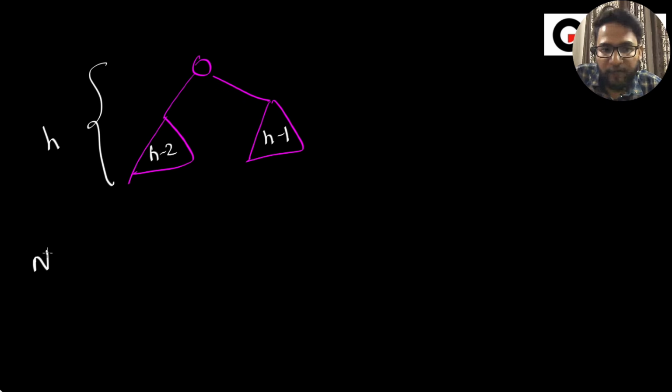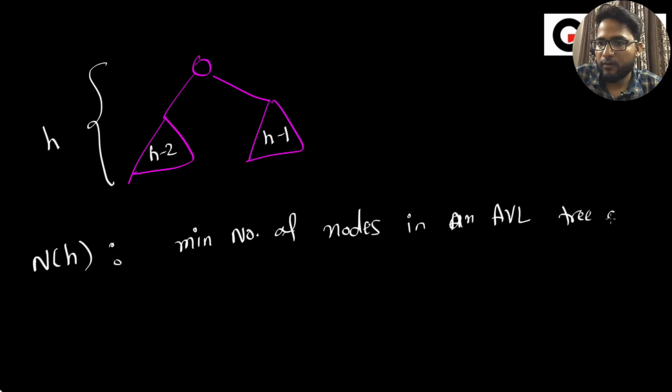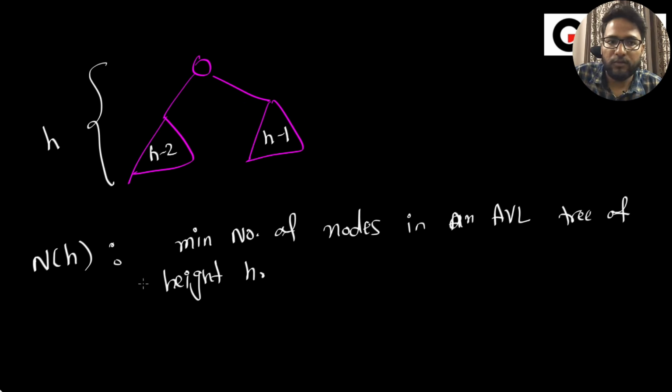Now let me define nh as the minimum number of nodes in an AVL tree of height h. This is what I'm looking for.